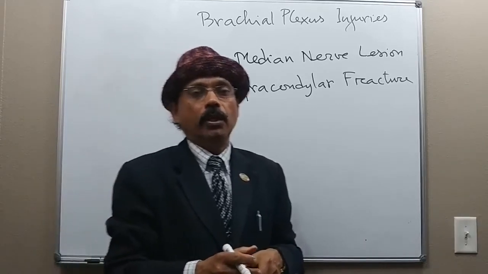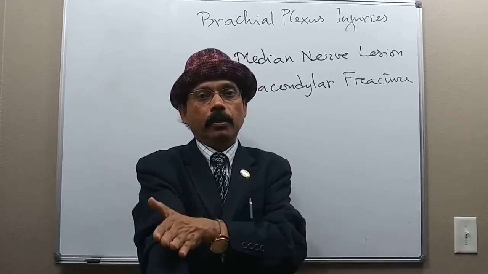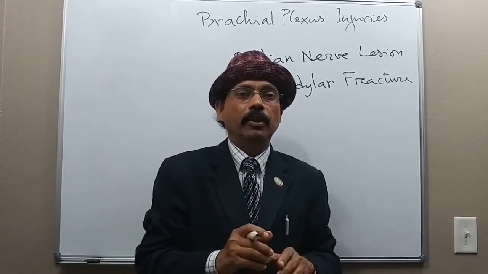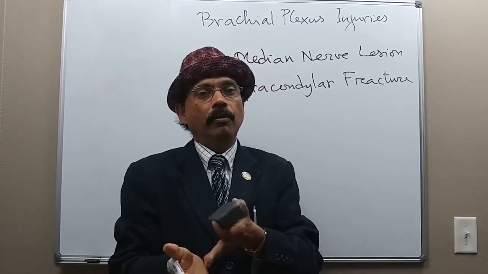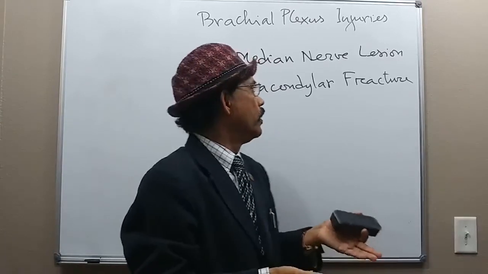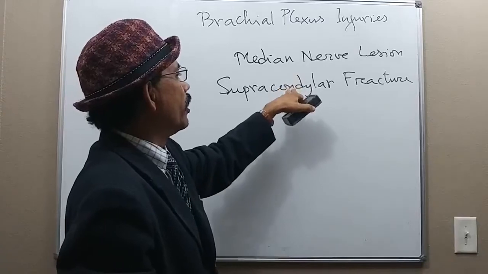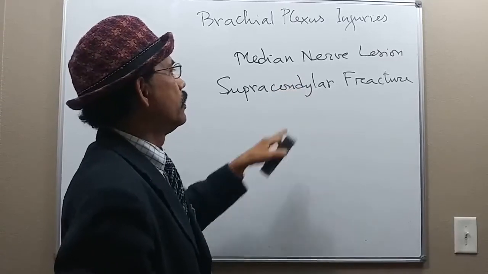Median nerve is an important nerve. It innervates muscles of the forearm. It innervates muscles of the thenar eminence. It also provides cutaneous innervation on the lateral aspect of the palm. So we may have median nerve involvement in supracondylar fracture.